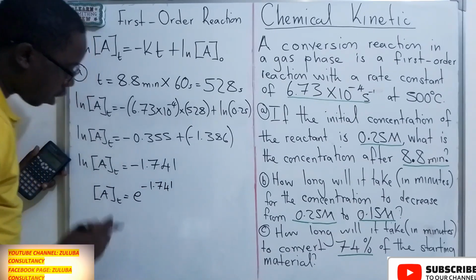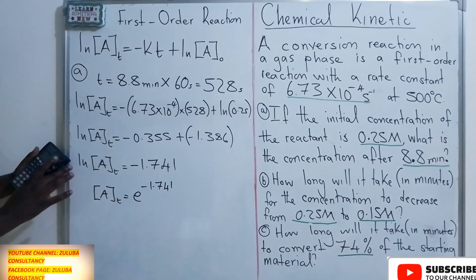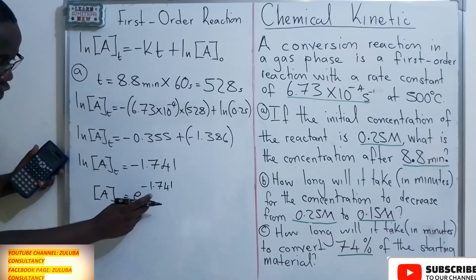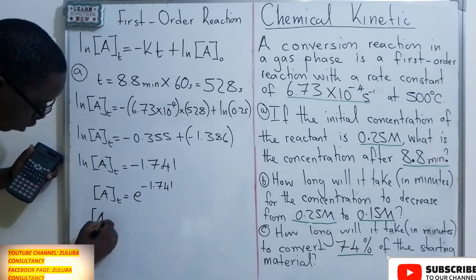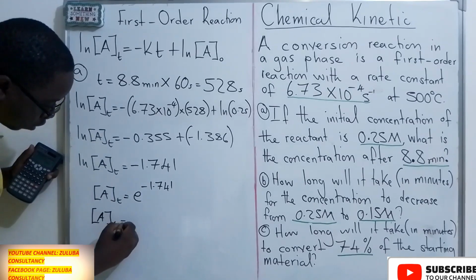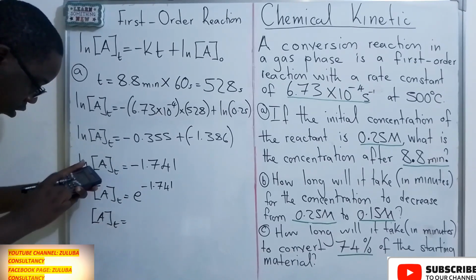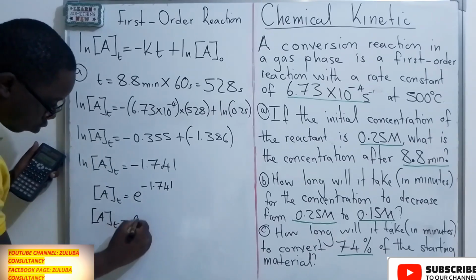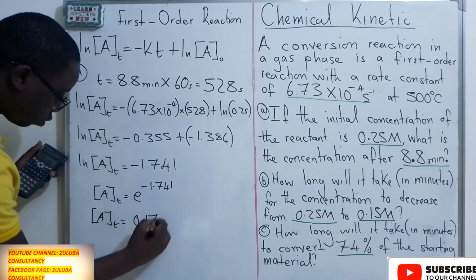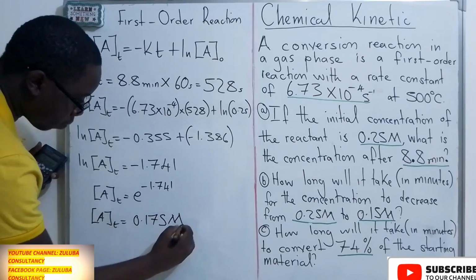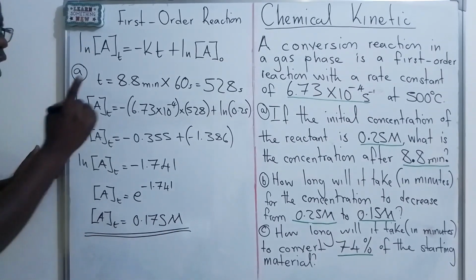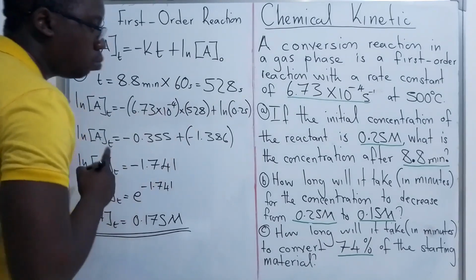This is a rule on the exponential function that the natural log can be simplified by introducing the exponential function. So we'll have A_t as the exponential function of the answer we got. It is giving us 0.175 M. So this is the concentration that will remain after 8.8 minutes.